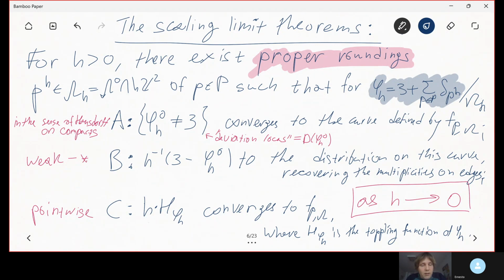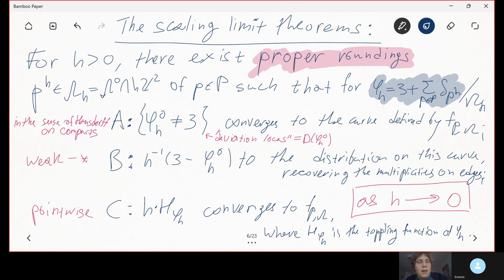And there are 3 versions of the scaling limit theorem. Like the first version, most visual, it's just about where the result of the relaxation is less than 3. And we call this set the deviation locus, and it converges to the curve defined by this tropical series FP omega. Then this first scaling limit theorem only restores the underlying set of the tropical curve.